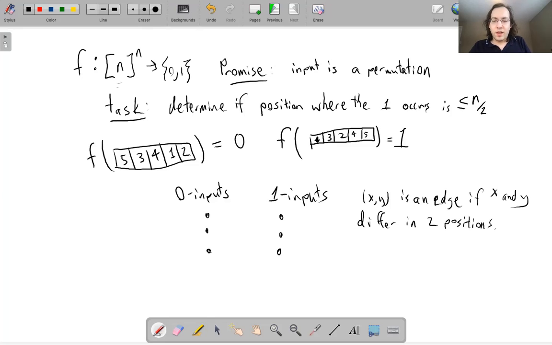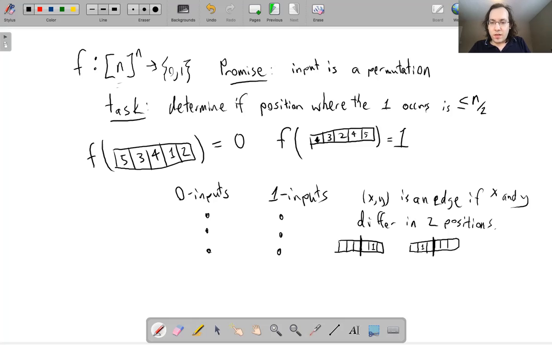So what does that mean? In particular, x will have a 1 somewhere on the right half, like, let's say this is the halfway point, and y will have a 1 somewhere on the left.